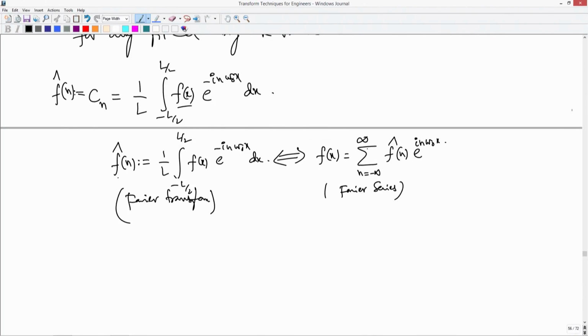We will look into some properties of this Fourier transform, and when the Fourier series converges uniformly. All these small results we will prove in the next video, and they will be useful when we eventually do the Fourier transform on the full real line, the continuous Fourier transform.